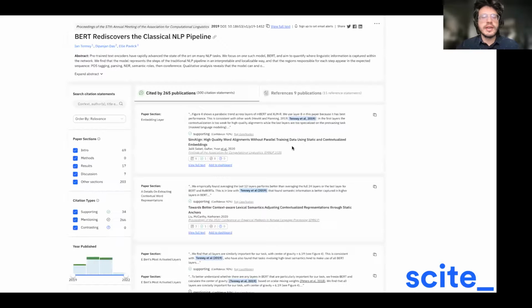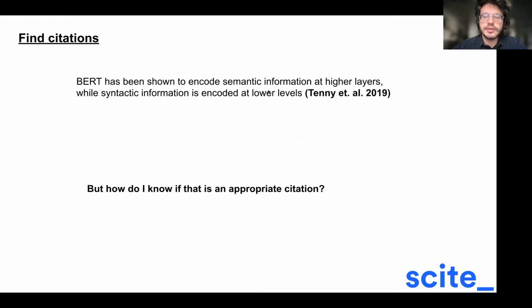You can look at this paper. This is the Scite report for Tenney 2019, called BERT Rediscovers a Classical NLP Pipeline. You can read the citations to that paper and see there are supporting citations here, and you can see whether these supporting citations support the paper. These supporting citations indeed fully replicate or partially replicate that claim I made earlier.